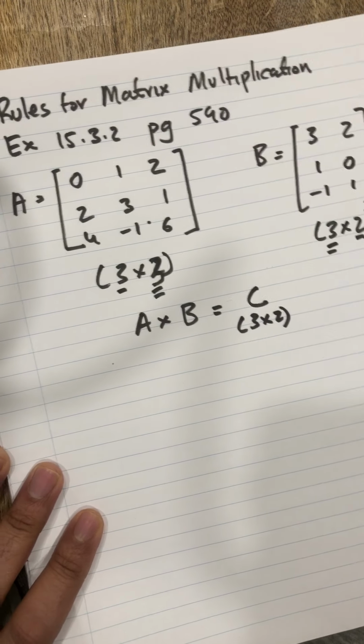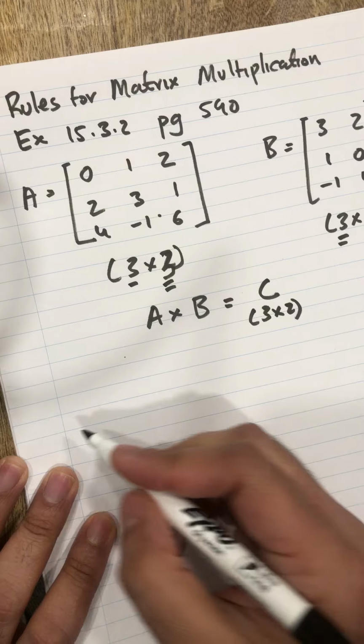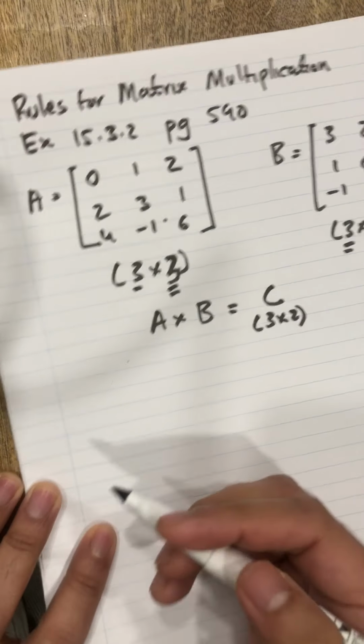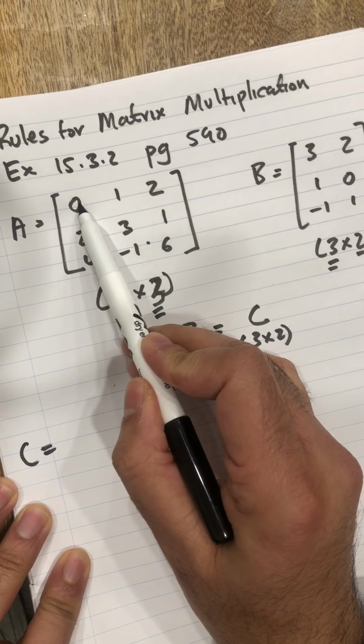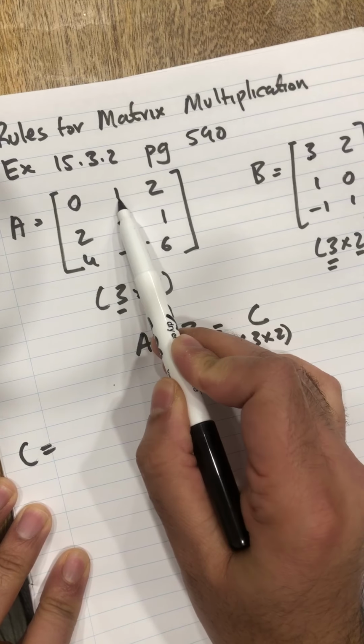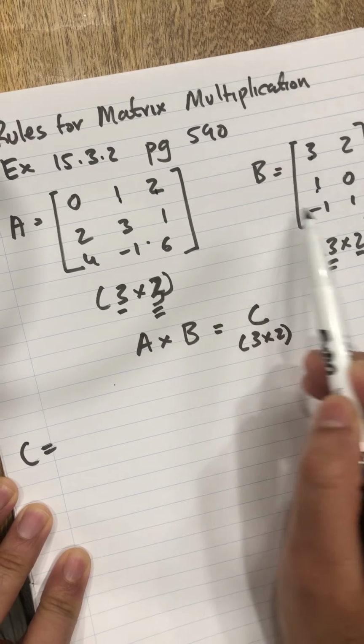So how do you do that? Essentially, you use the same technique we were just talking about. Your matrix C is going to be: the first entry is 0 into 3 plus 1 into 1 plus 2 into minus 1.